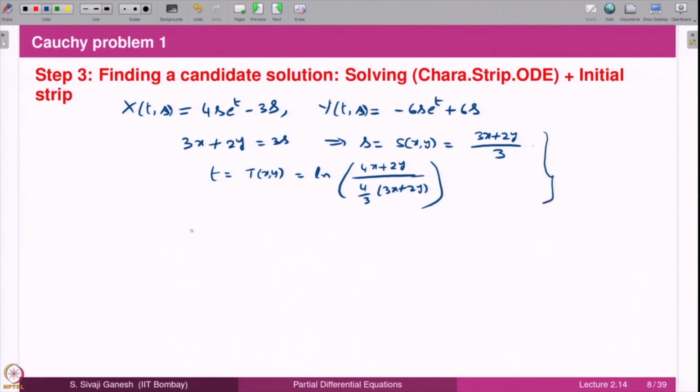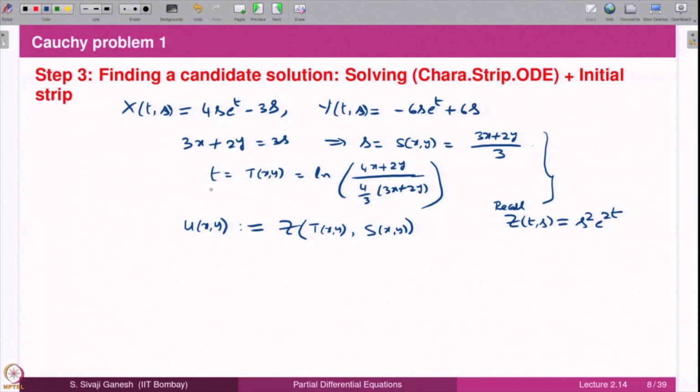This is how s and t turn out to be. Now, if I want to find my solution u(x,y), our definition of u(x,y) is z(t(x,y), s(x,y)). What is our z(t,s)? Recall, that is s squared e^{2t}. So, e^{2t} is what we want.